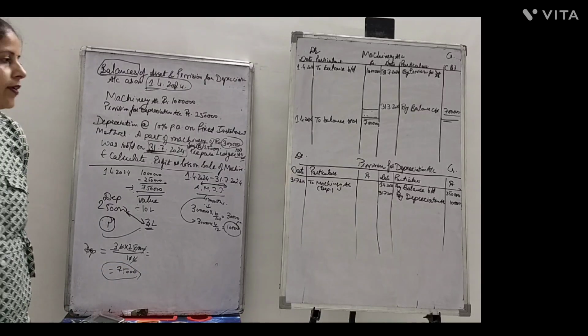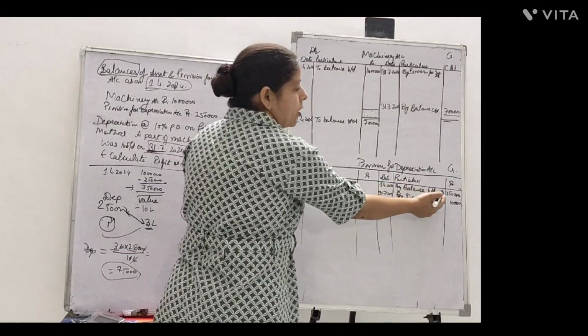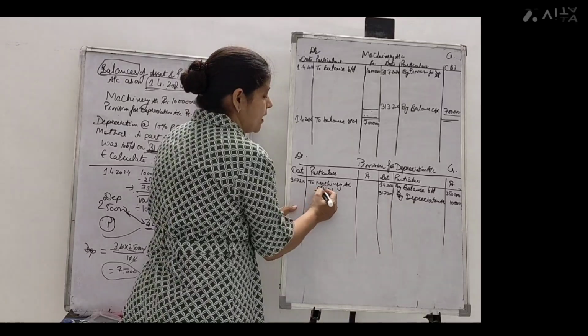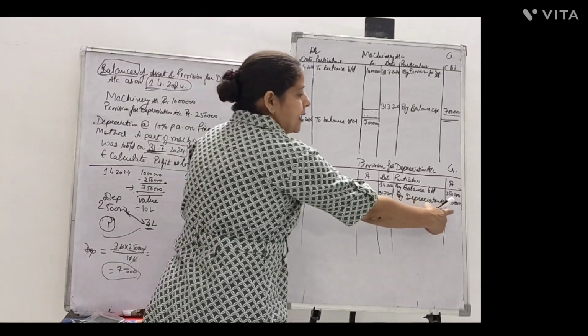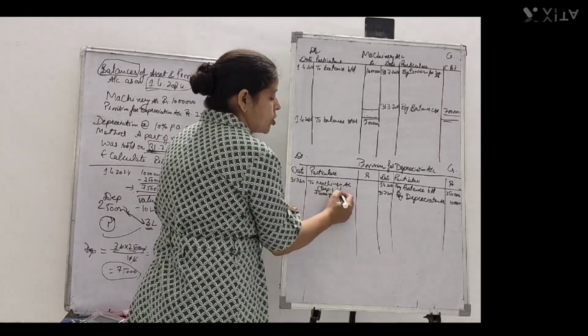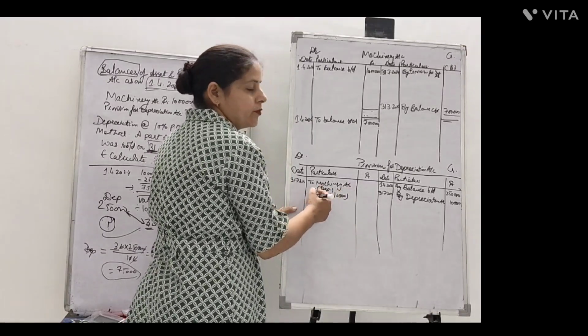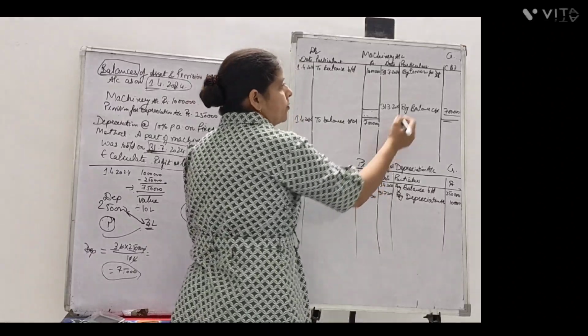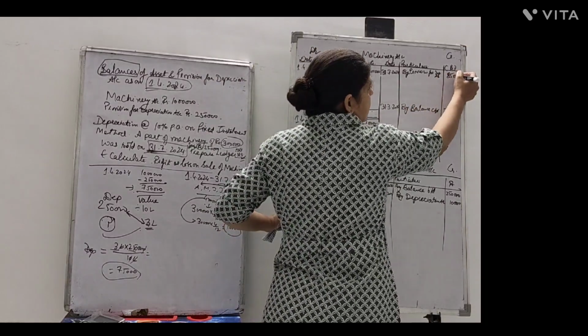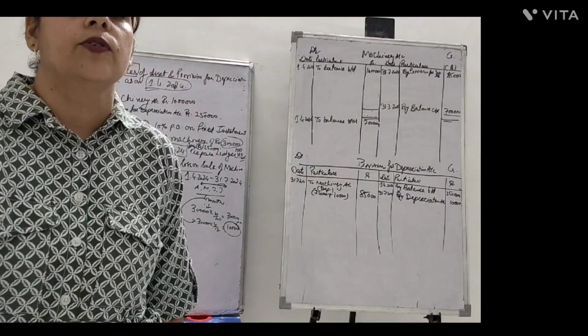That is 75,000. Now out of 2,50,000, 75,000 depreciation belongs to the asset sold and 10,000 was also charged for the asset which was sold. So how much is the total depreciation that we have to transfer here? That is 85,000 rupees.